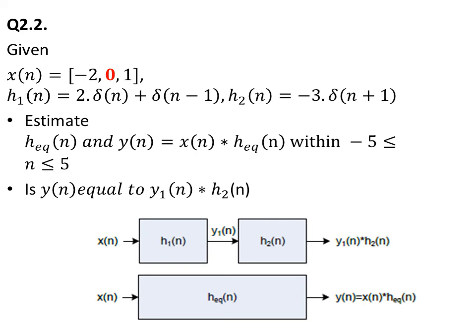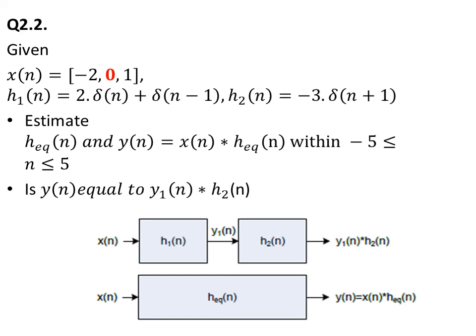So in there, Xn is fed into HEQn. HEQn is the resultant of H1n and H2n, which can replace H1n and H2n, right? Actually HEQn will be the convolution of H1n and H2n, right? So then we are feeding Xn to HEQn.